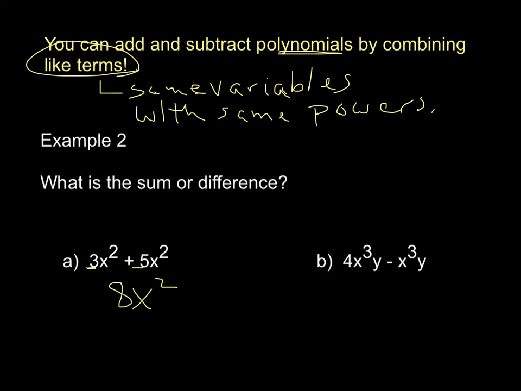I've got 4x cubed y here in part B minus an x cubed y. So I'm looking at the coefficients. Remember, if you don't see a coefficient, it's always a 1. They are like terms because they're both x cubed y. So 4 minus 1 is 3 x cubed y.